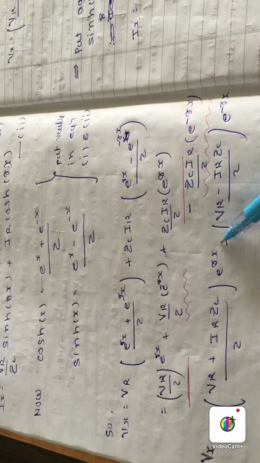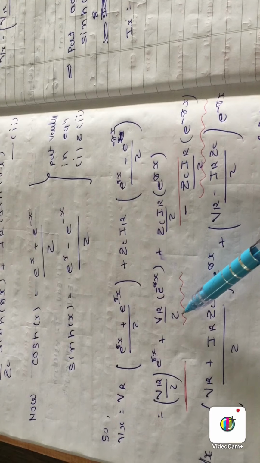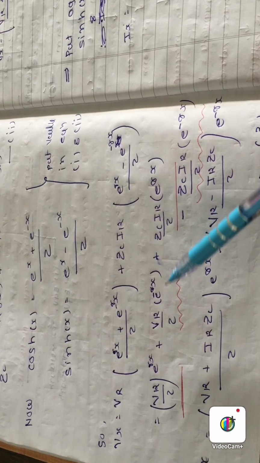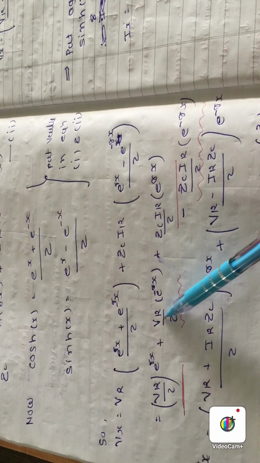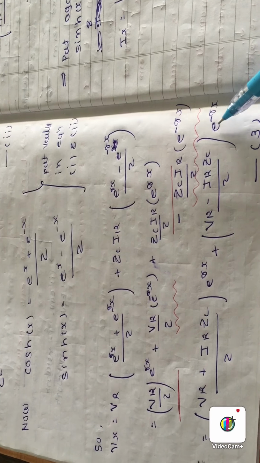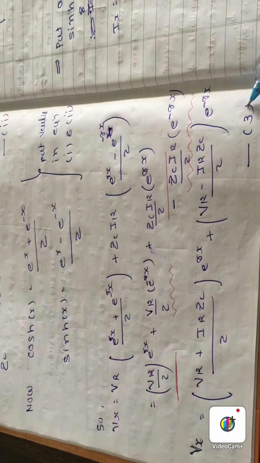The second bracket is related to e raised to minus gamma x. Here two sections are available in which e raised to minus gamma x is common. So in the bracket we write Vr minus ZC Ir divided by 2, bracket close, e raised to minus gamma x. This is taken as equation 3.